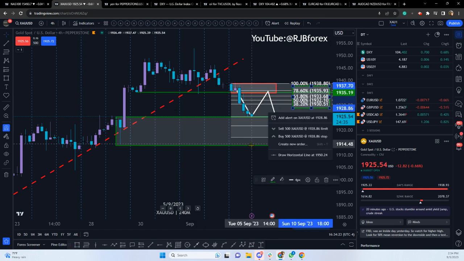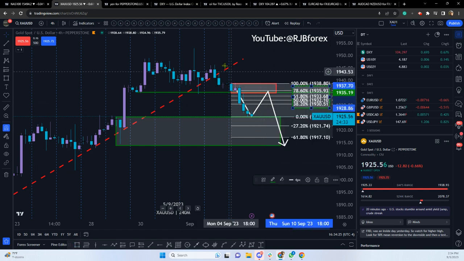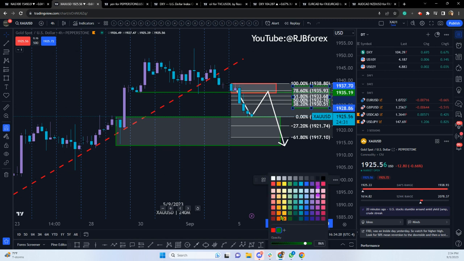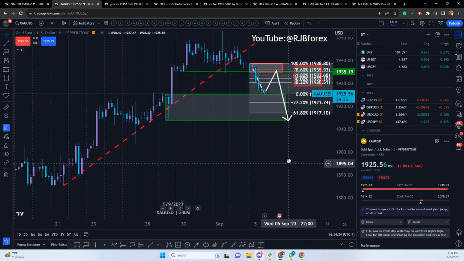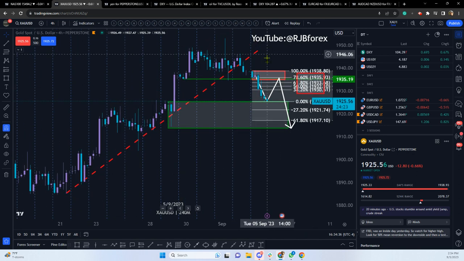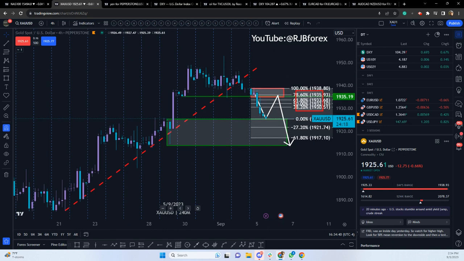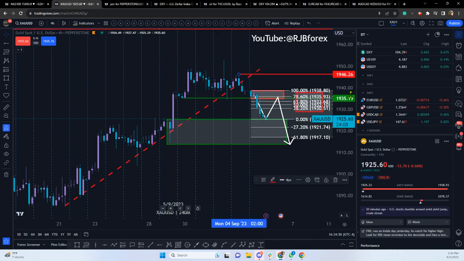Those levels in there are potential resistance. And then on the flip side, if we break above here, trigger stops, and keep going up, then we'll need to get above this peak to really add conviction to the upside, targeting the highs.